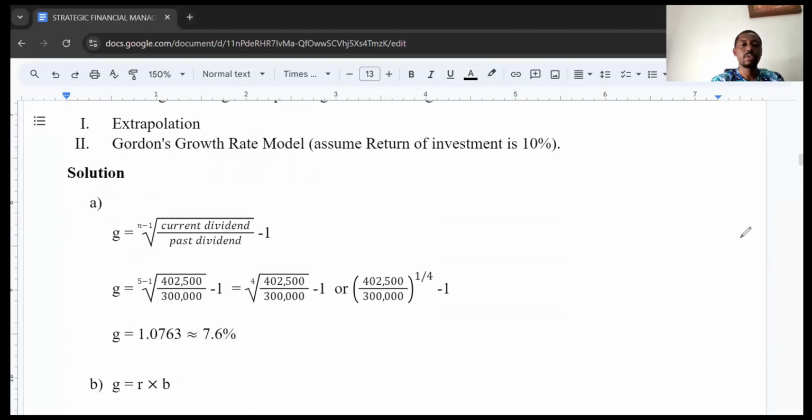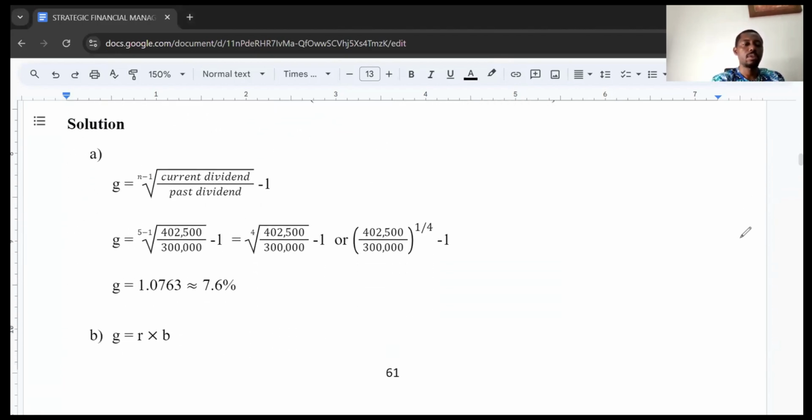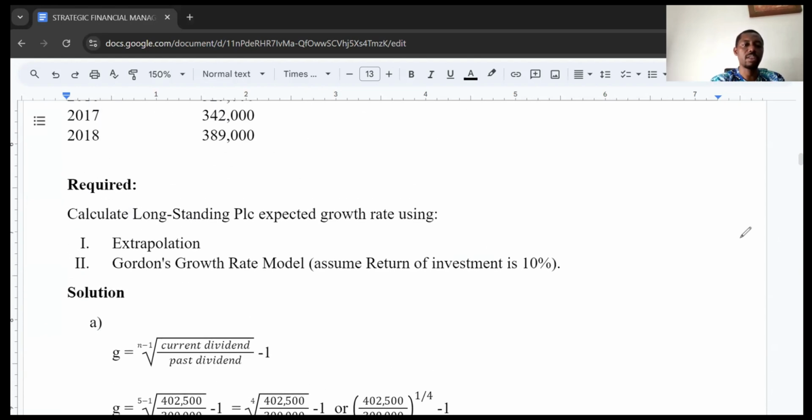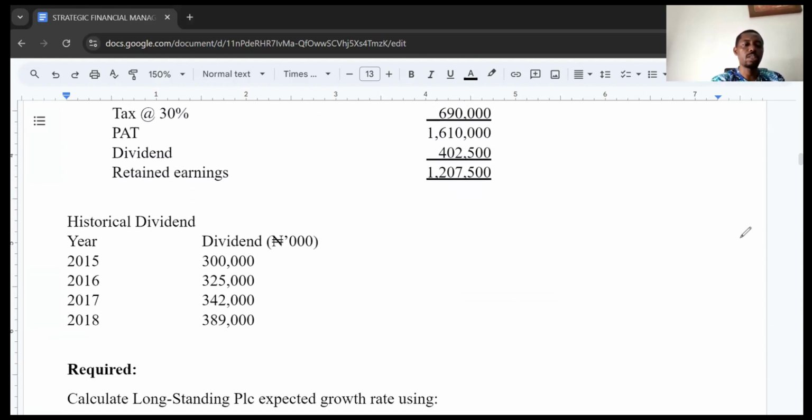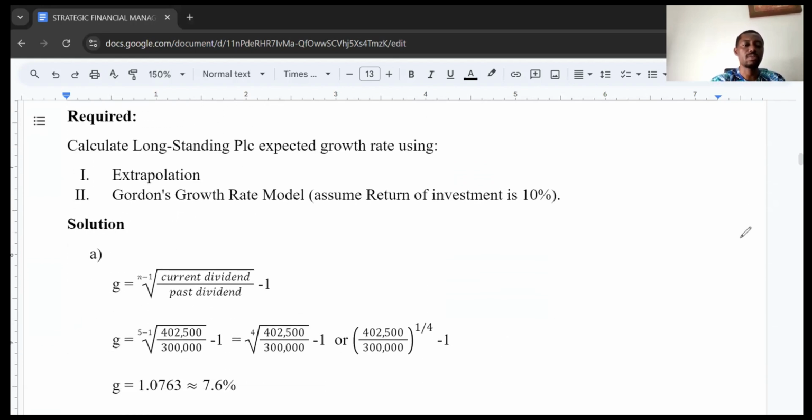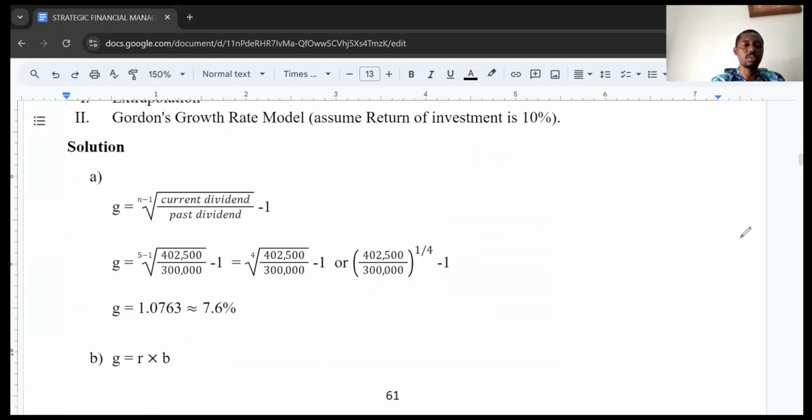So therefore, the growth rate will be 402,500 all over 300. So the number of years now, we have 5 minus 1. So how did I arrive at 5 minus 1? So 2015, 2016, 2017, 2018, 4 years, including the current year, 5 years. So that takes us to 5 minus 1.